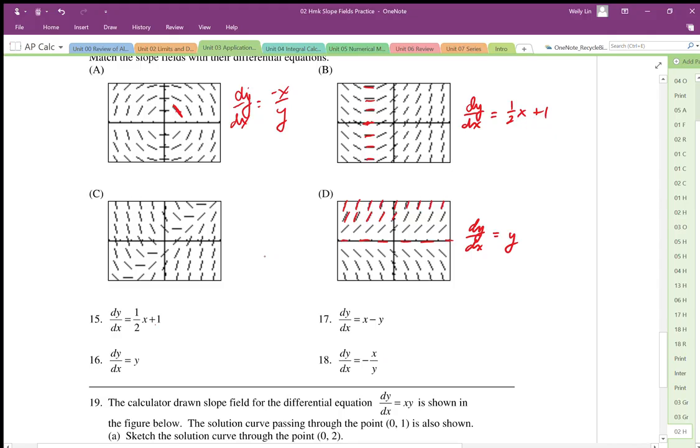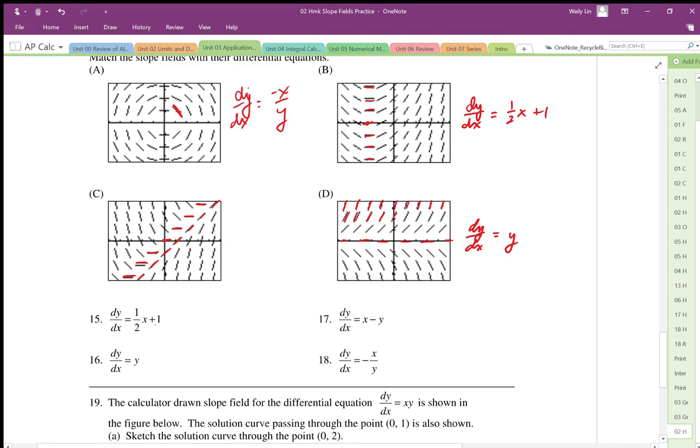And so lastly, 17 should be this one here, but we should test this. x minus y. Okay, so x minus y. That means when x and y are equal, we should have 0 slope. And in fact, x and y are equal along this line, and we have 0 slopes along that line. When x is 1 bigger than y, so 1, 0, 2, 1, 3, 2, etc., along this line, all the slopes are going to be equal to 1.